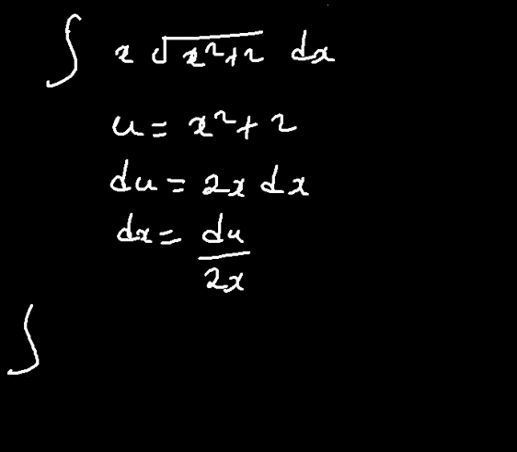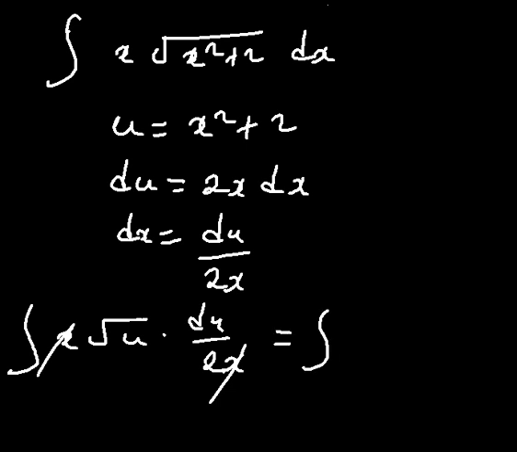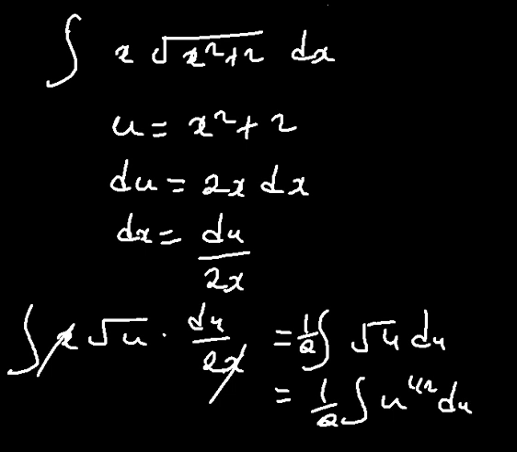That will be given as the integral of x square root of u times what is dx, that is du over 2x. Thus we cancel that, and therefore have the integral of square root of u, and thus we have half outside. And that is the same as half the integral of u to the power half du. Now what is the integral of this expression?